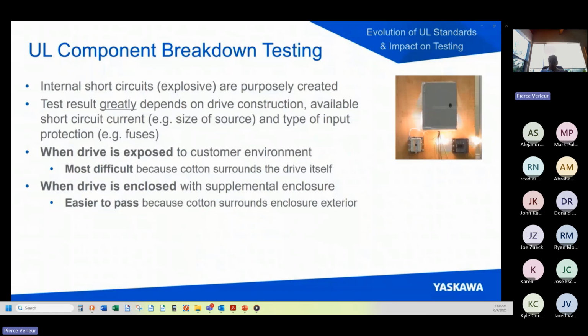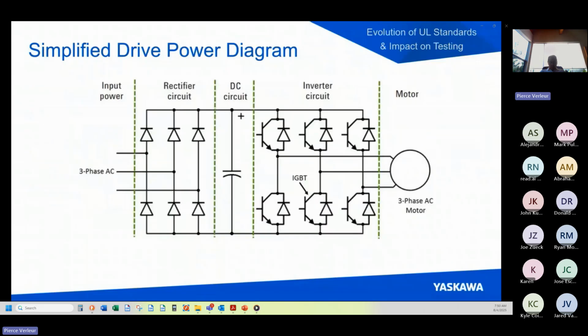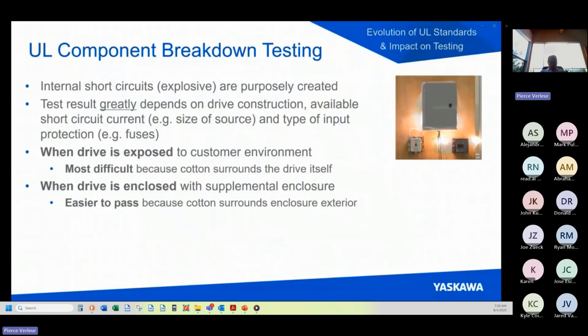When a drive is exposed to a customer environment, this is most difficult because we wrap the product or the enclosure with cotton, and essentially the pass-fail criteria, which I'm going to talk about in a little bit, is that the cotton cannot ignite.